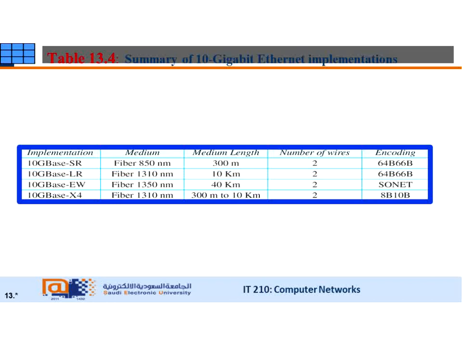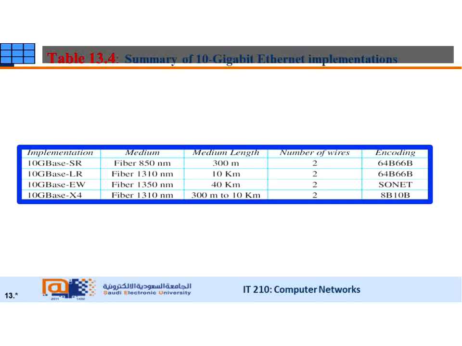The IEEE committee created 10 Gigabit Ethernet and called it standard 802.3ae. The goal was upgrading the data rate to 10 gigabits per second, keeping the same frame size and format, and making the interconnection of LANs, MANs, and WANs possible.